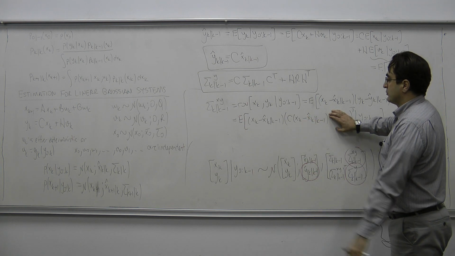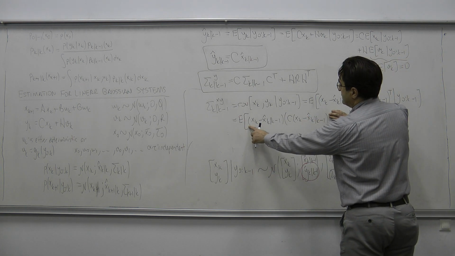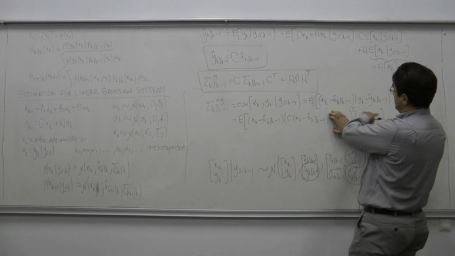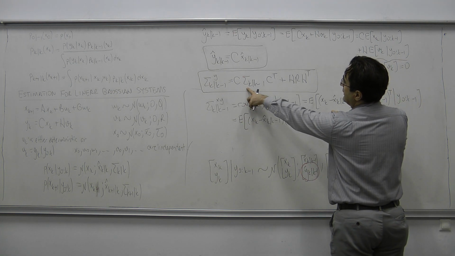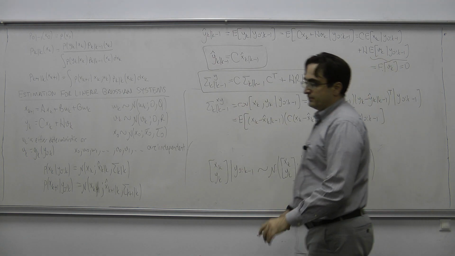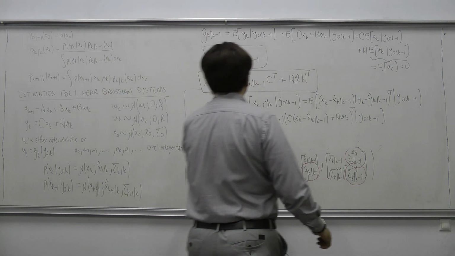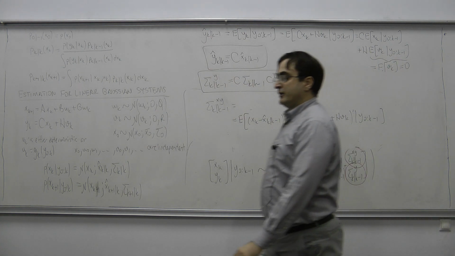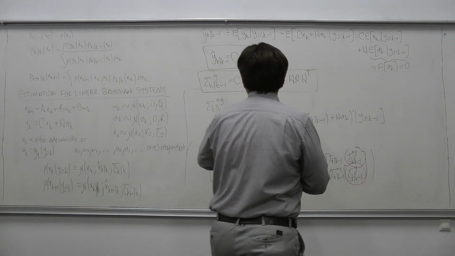And you know what it is going to give you. This term times its transpose, the expectation given y0 to k minus 1, is sigma k given k minus 1 times C transpose. Okay? So our third unknown quantity is just going to be this one.